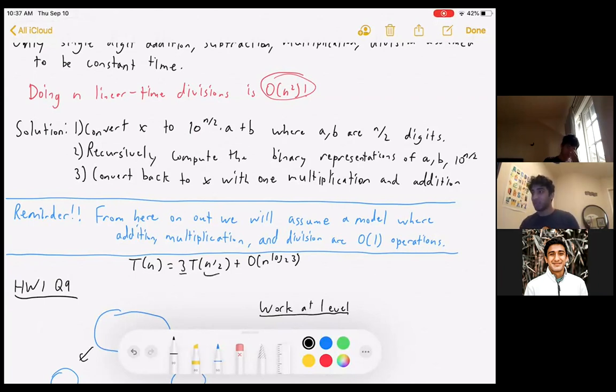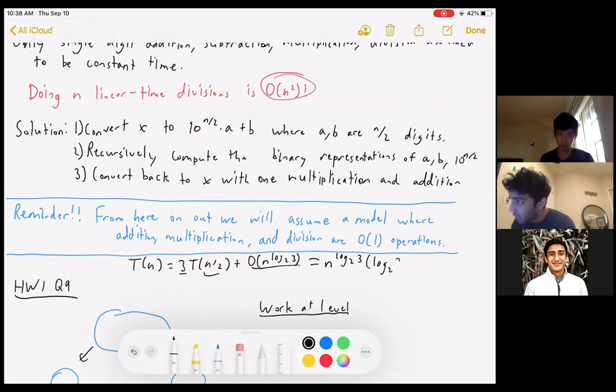And when we're multiplying together, we proved in class that that's a runtime of n to the log base 2 of 3 if n is the number of digits, and that's the amount of work done here. So with the master theorem, that ends up being n to the log base 2 of 3 times log n. And what you'll see is this actually improves on the quadratic runtime, like we intended to do for the problem.